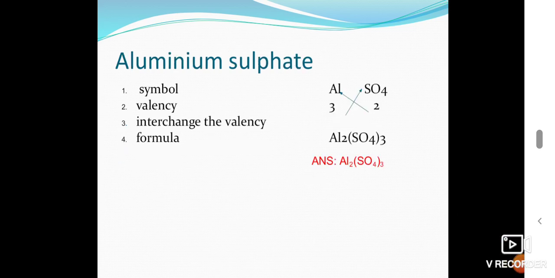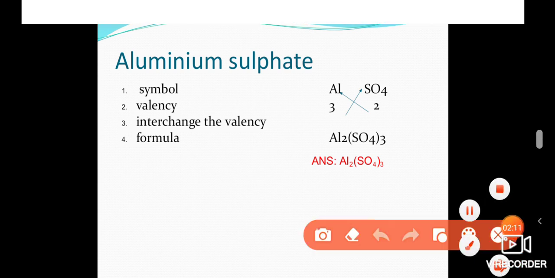In the previous class, we discussed some ionic compound names into chemical formulas. Like that, today also we will revise. So first, aluminium sulfate. What is the symbol of aluminium? Al is the symbol of aluminium. So first we mention the symbol Al.